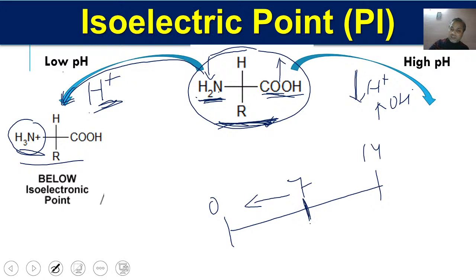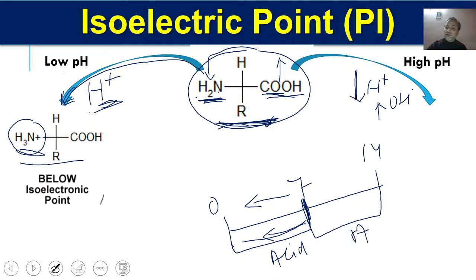From 0 to 7 we have acidic pH, and 7 to 14 we have alkaline or basic pH. So low pH means less than 7, acidic pH, towards 0. High pH means alkaline side, towards 14.